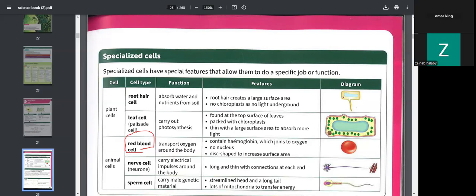It has a streamlined head and a long tail. This piece is filled with mitochondria for production of energy, for the movement of the sperm, which allows more energy to move.